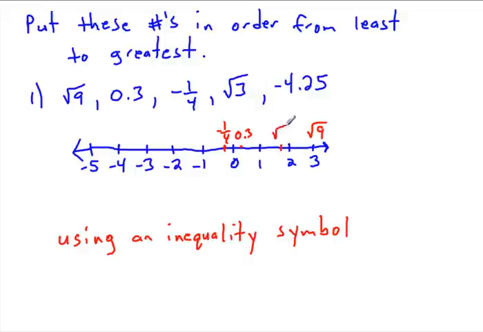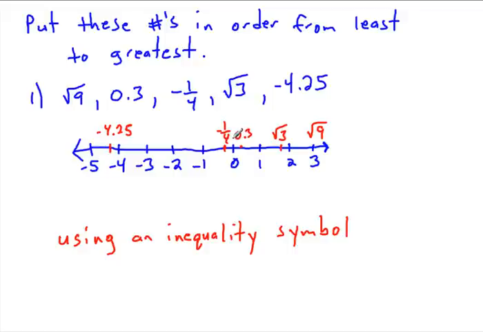So I want to put that about right there. And then negative 4.25 is all the way over here, probably about right there. Although I don't know exactly where square root of 3 goes, just by putting it somewhere on a number line, I can see, at least with respect to these other numbers, where it goes.